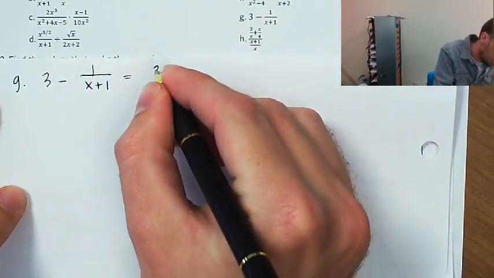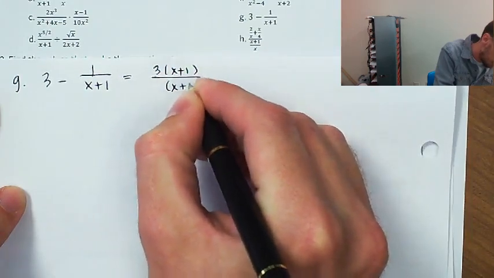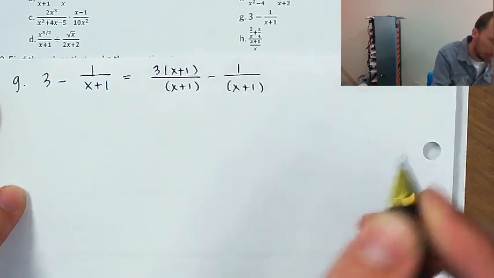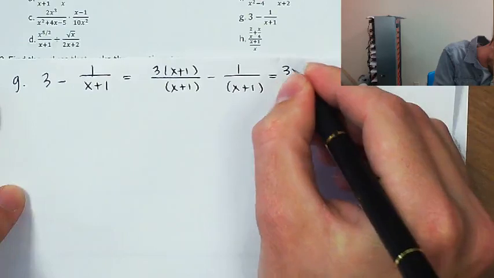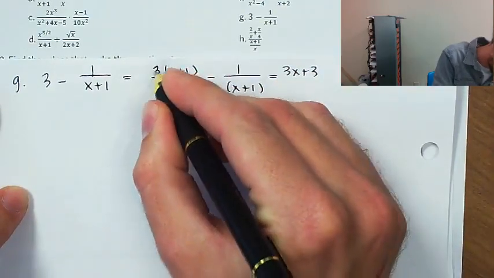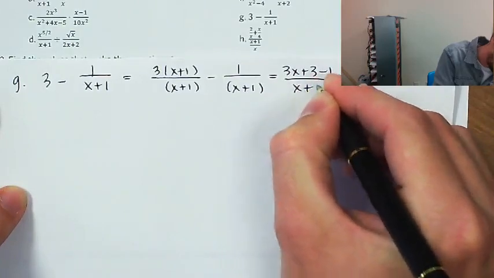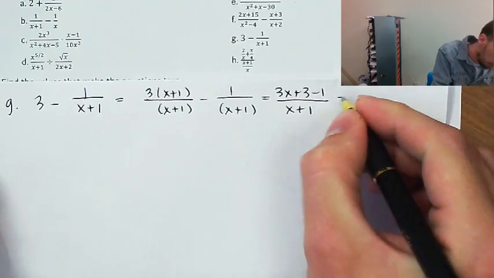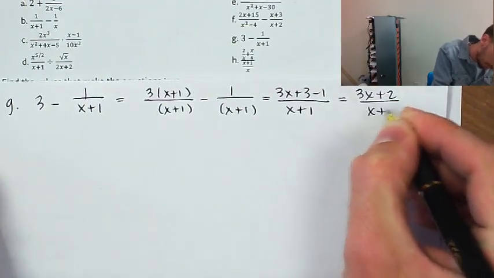So I'm going to say, all right, so that's 3 times x plus 1 divided by x plus 1 minus 1 over x plus 1. So I have 3x plus 3 minus 1, all divided by x plus 1. This is going to be 3x plus 2 over x plus 1.